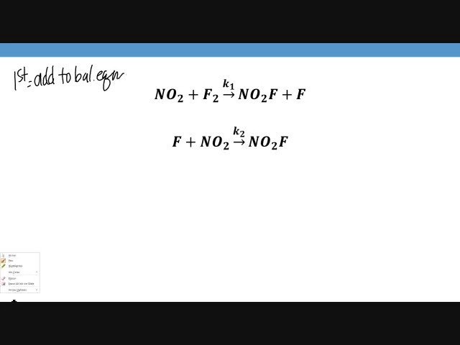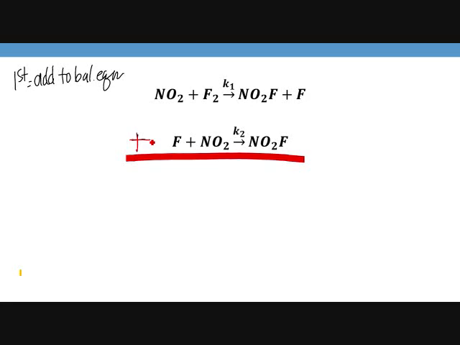So when we add these two together, we are going to condense them down into the same equation, canceling what we can and adding what we are not able to cancel out.